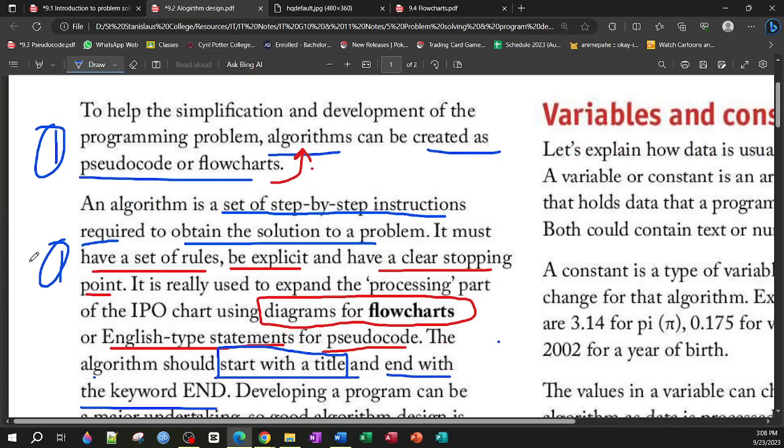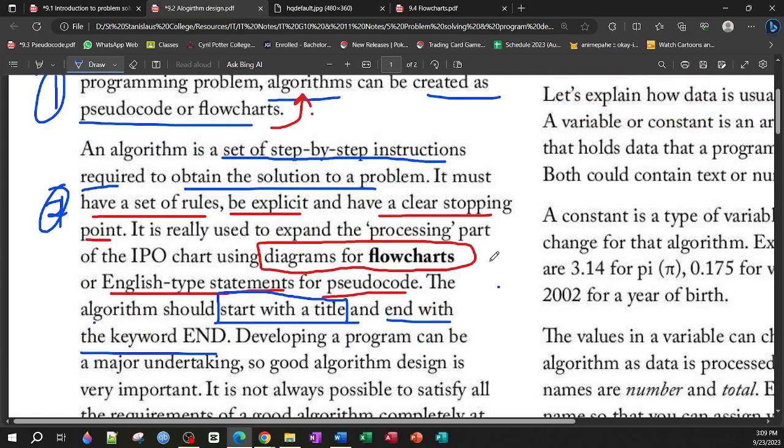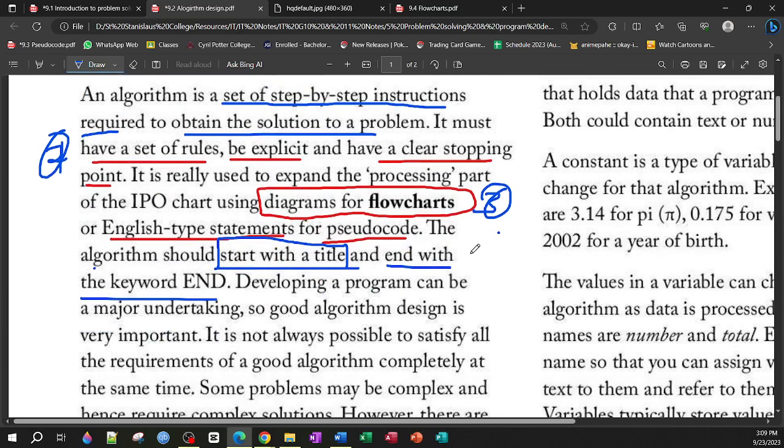The second thing is that you must follow the rules when developing the algorithm, the pseudocode, or the flowchart. The third thing we learned is that a flowchart uses diagrams, whereas pseudocode and algorithm use English type statements. And the fourth point we just looked at, it must have a clear starting point and a clear ending point.